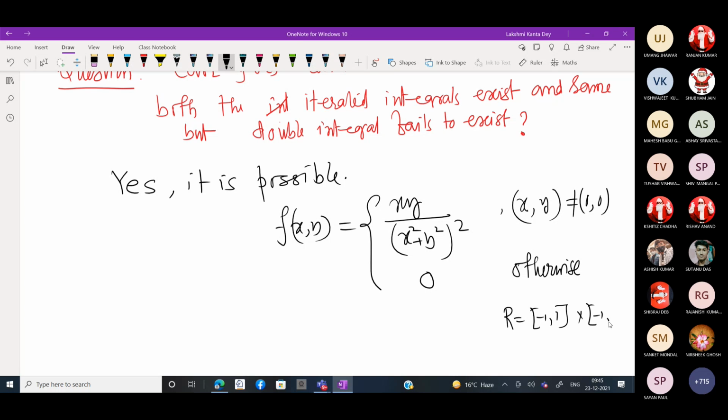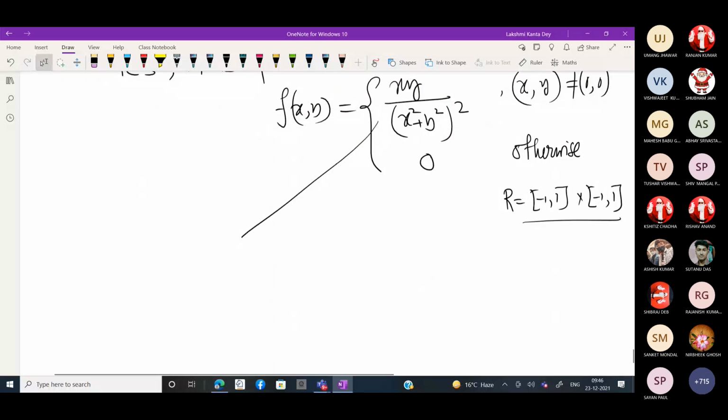If I give this, then the antiderivative of this integrand for fixed x is minus x divided by twice into x square plus y square.